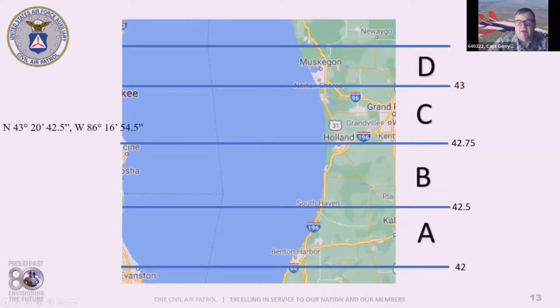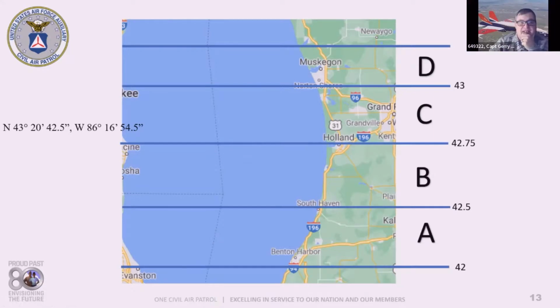So let's keep going. What grid do we want to look at now? Remember, 43 degrees, 20 minutes. So are we in A, B, C, or D? Delta.